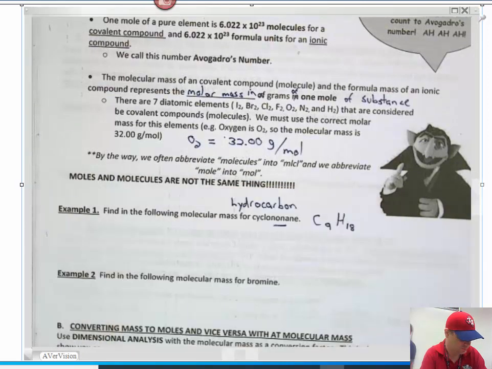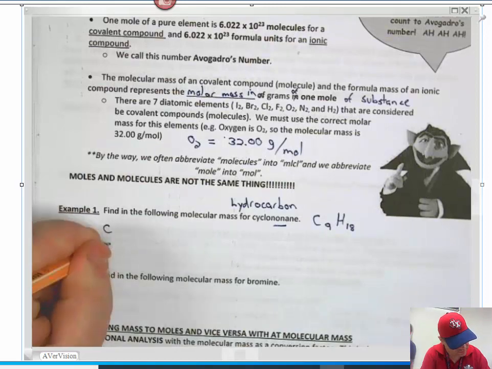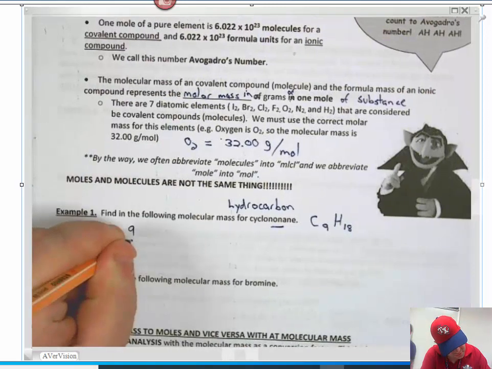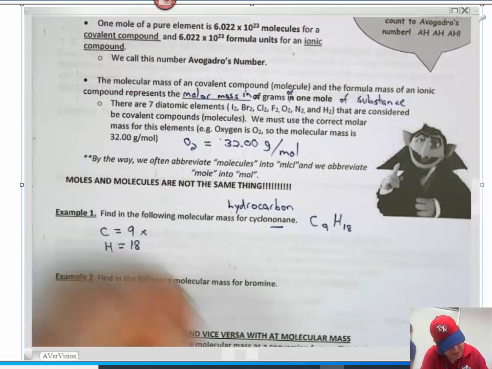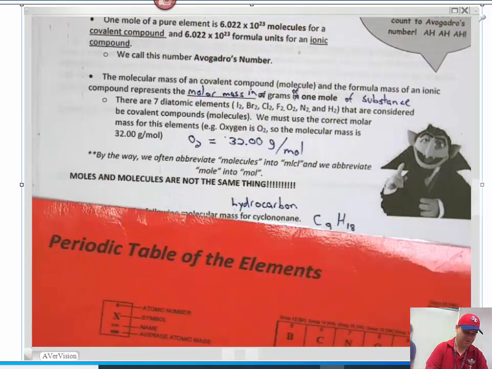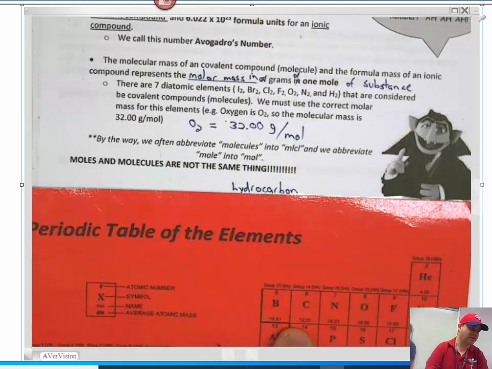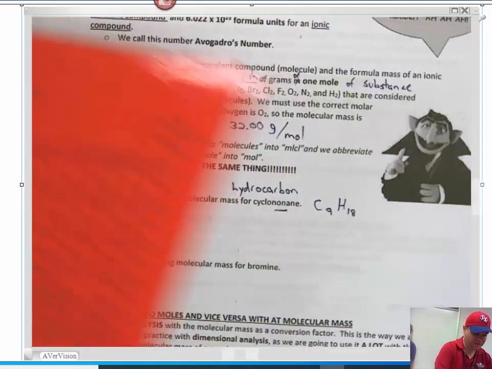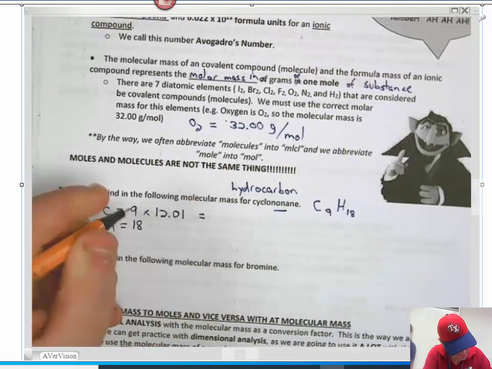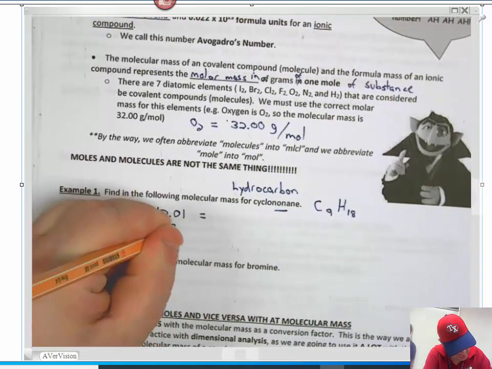So this is 18. Then you have to find the molar mass, which is the same thing as molecular mass, because molecular mass is just for covalent compounds. You use your periodic table, your decimal numbers, which are your atomic masses. So you're doing 9 times 12.01, and 18 times 1.01.